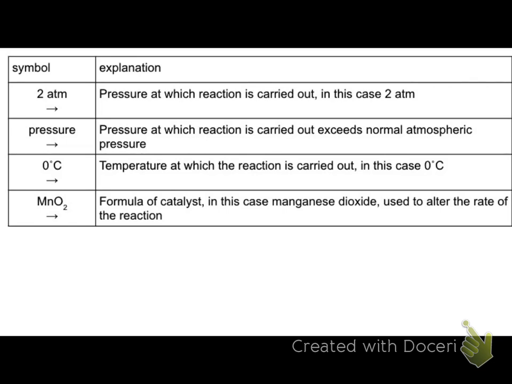And then the last one, if you see a formula over the top of the arrow, that means that this reaction requires a catalyst. A catalyst is a substance that can alter the rate of a reaction, so it can make a reaction happen faster or make a reaction happen that might not otherwise happen.